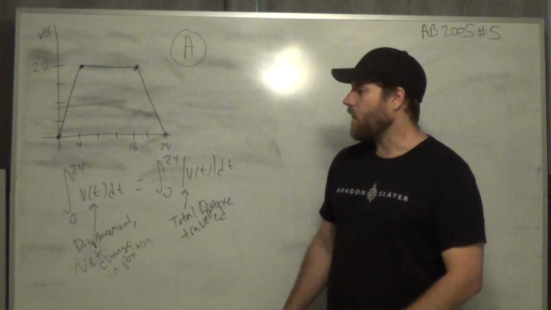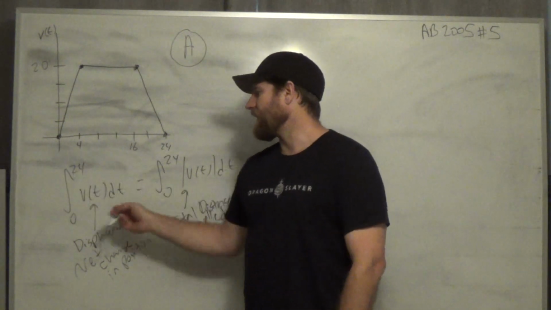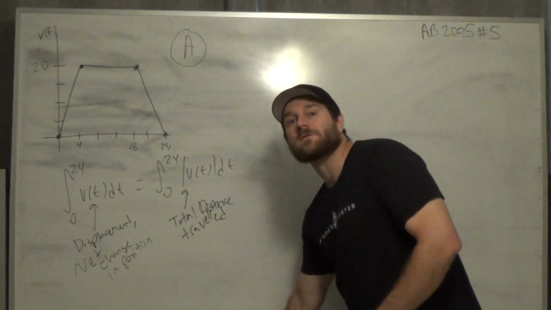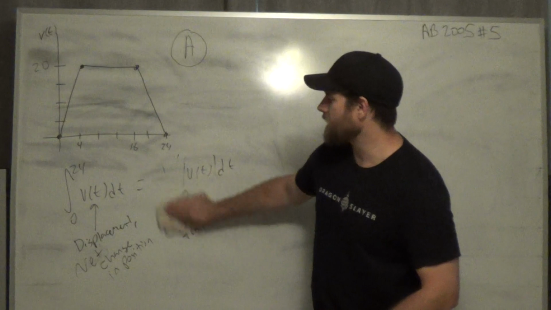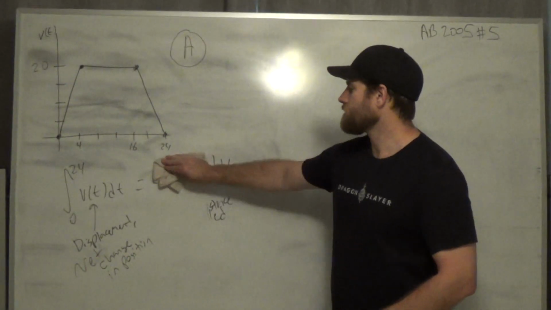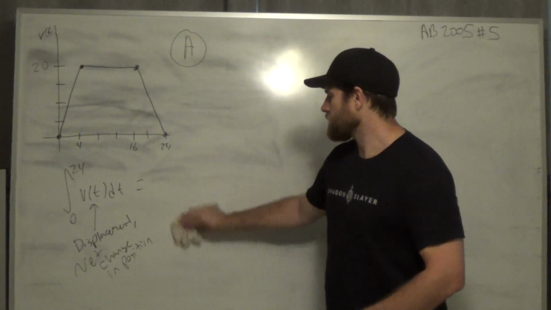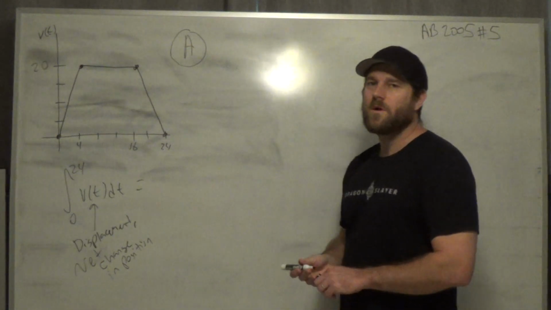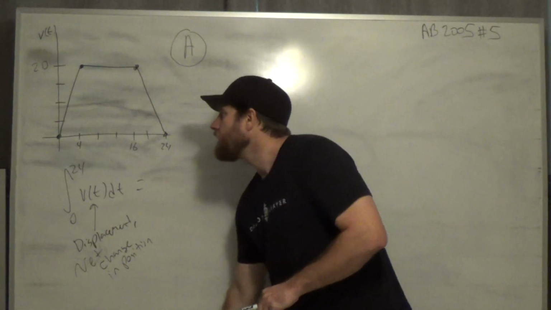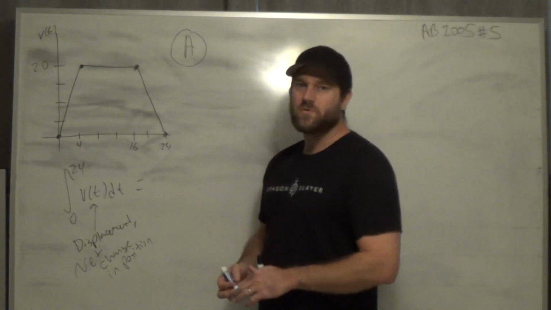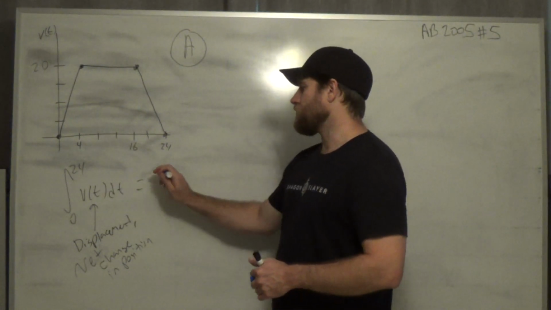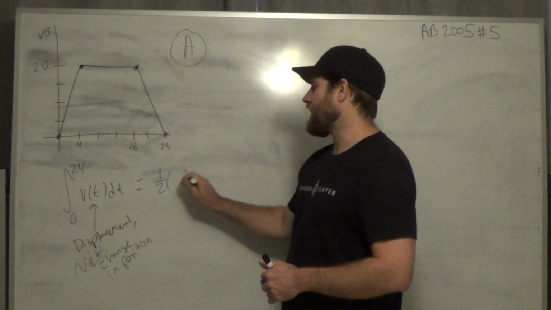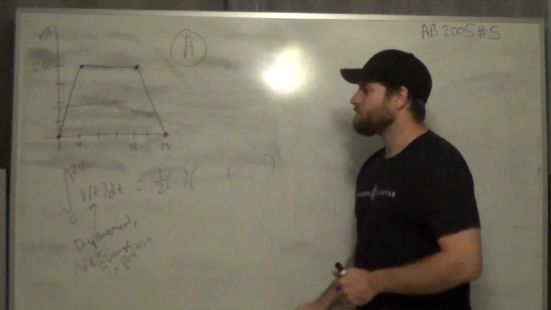Okay, so how are we going to find our total distance traveled? Well, this simply means find the area. In order to find the area, I'm going to use one giant trapezoid. The area of this is one giant trapezoid, 1/2 the height, base 1 plus base 2.